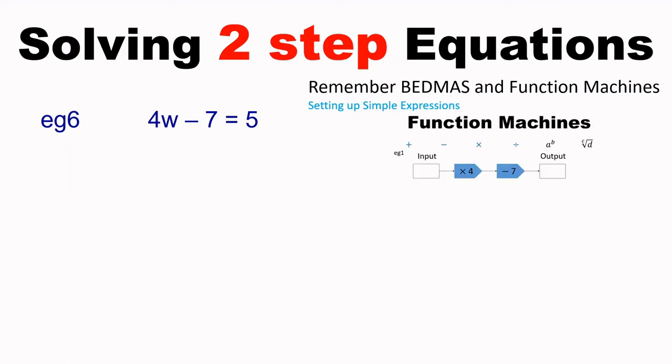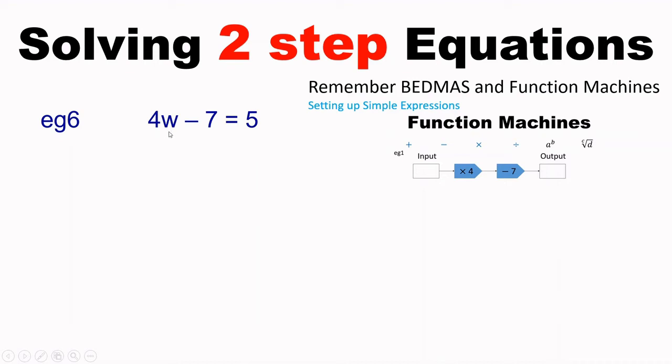It asked us to multiply whatever the input value was by 4, and then subtract 7 from that answer.